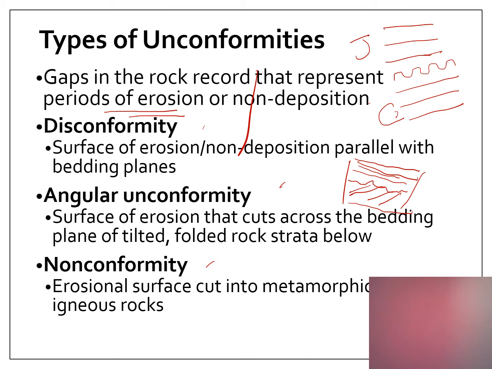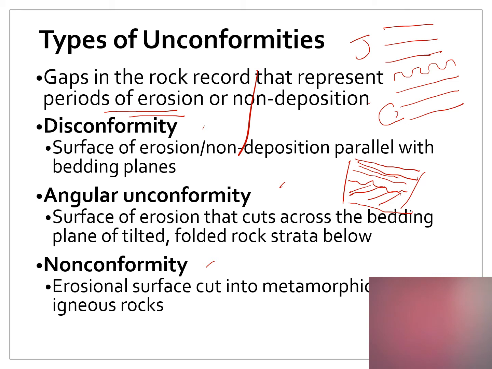Then a nonconformity is like this. We have our wiggly line, and then below that line there are going to be crystalline rocks, and that code is usually something like this, little X's or little V's that indicate crystalline rocks. Okay, well, what rocks are crystalline?